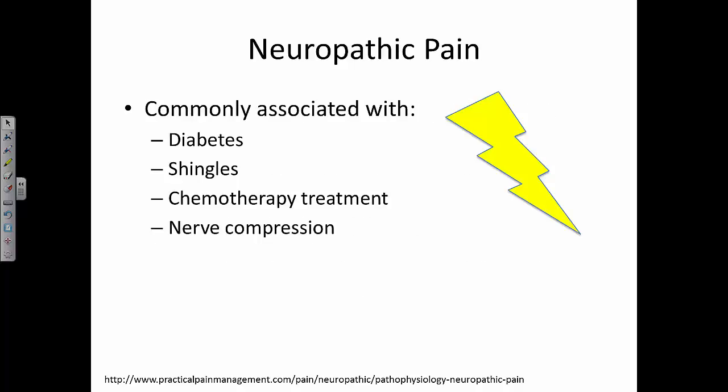And Dr. Brand, do you see these conditions commonly in your long-term care facility patients? Very commonly. We have a lot of patients living with prolonged diabetes, and they may not have been well controlled, though they might be controlled now, but they have a history of not being very well controlled. Of course, with chemotherapy treatments or the sequelae from some of the chemotherapy treatments, and shingles. Despite our attempts to give patients our shingles vaccine, we're still having patients with shingles.